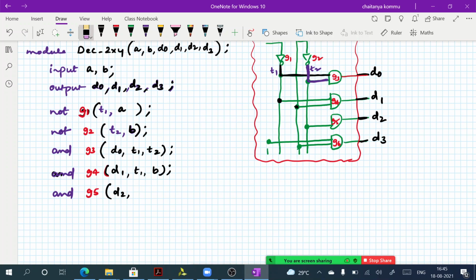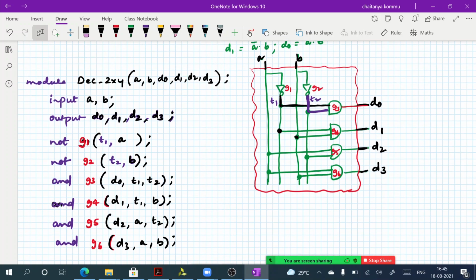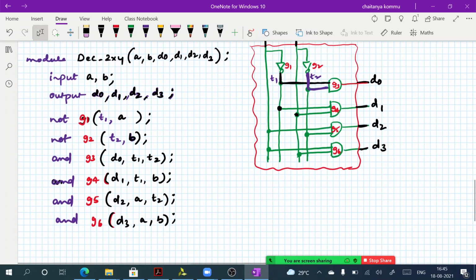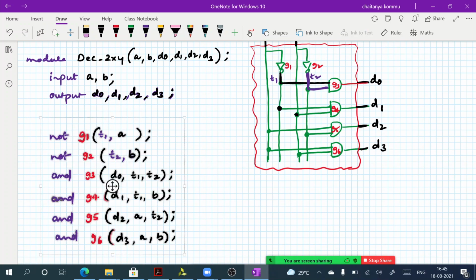For this one, A is directly coming, but the other is T2. Similarly we write G6, output D3, with inputs A comma B. T1 and T2 I have used, so for those I have to declare wires.